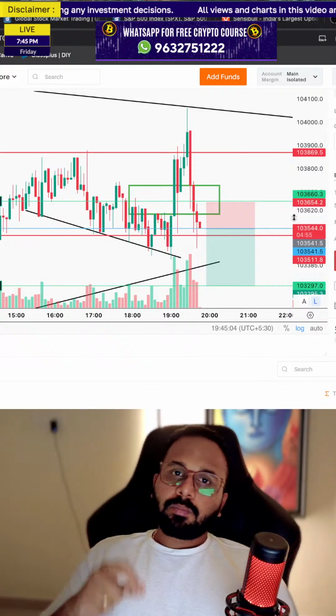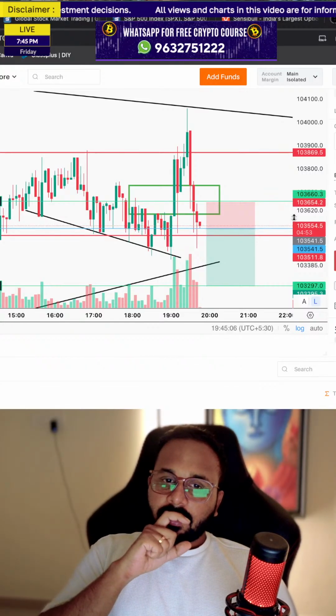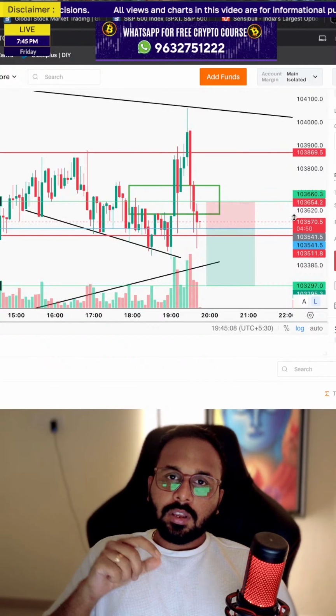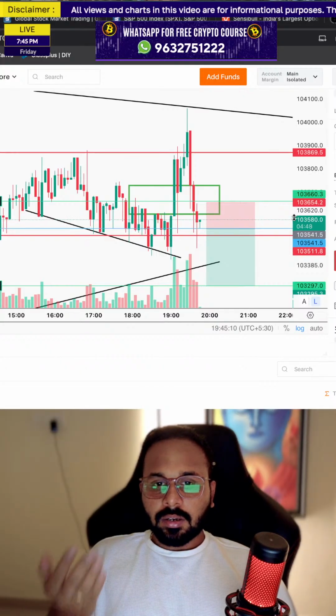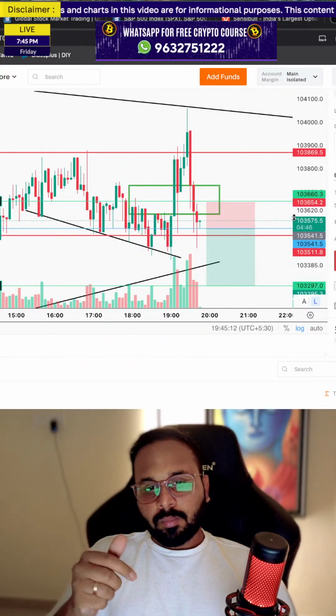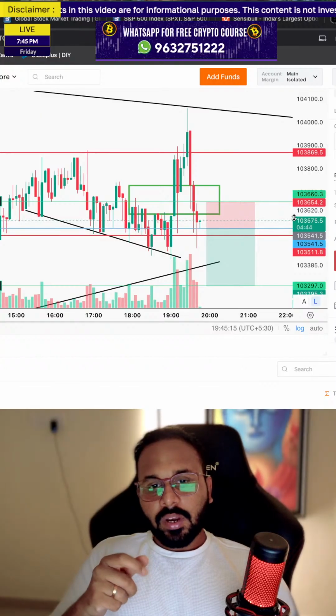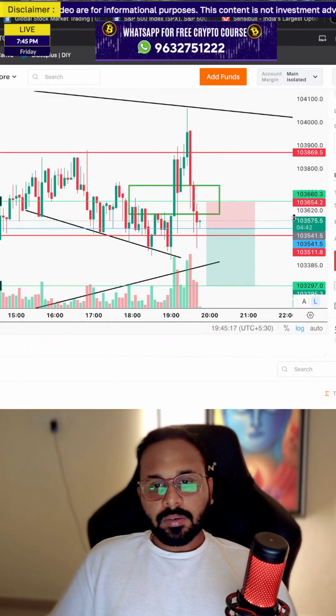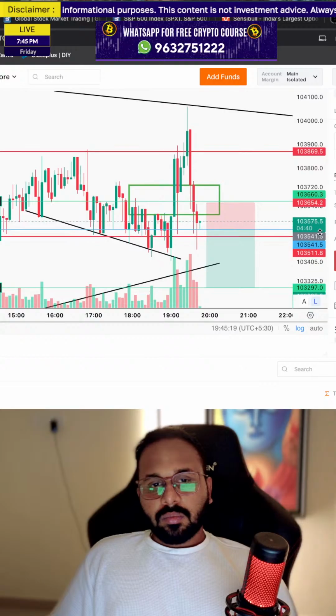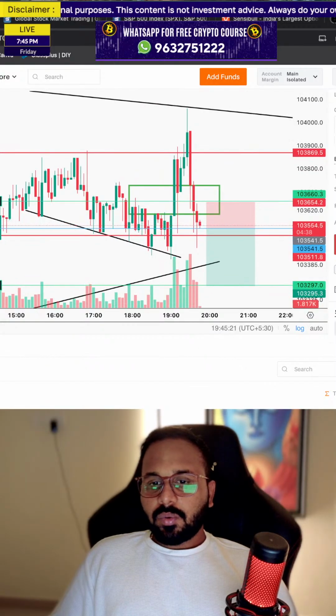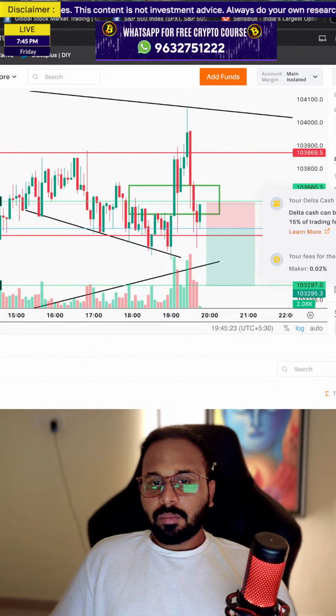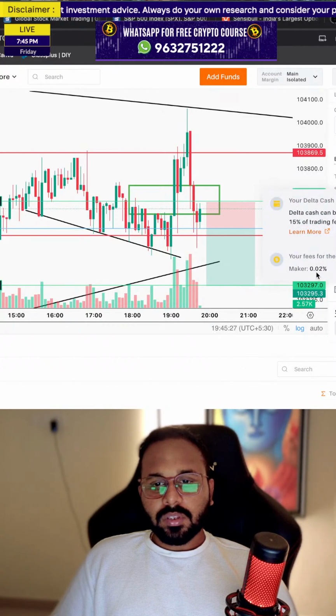If you have placed a bracket order for your trade and you were the market maker, then the brokerage and things like that will be calculated from the market maker perspective. If you're a market maker, the brokerage is 0.02%. If you're a taker, it is 0.05%.